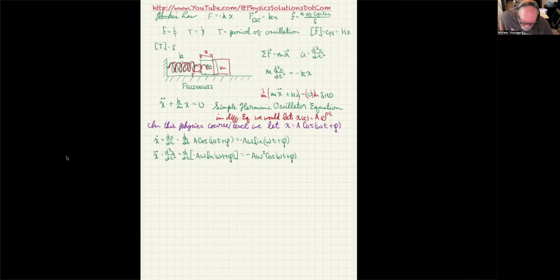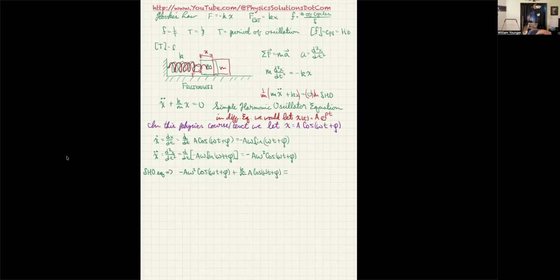So now I have the second order derivative, and I can plug it back into the simple harmonic oscillator equation. So the simple harmonic oscillator equation implies we now have negative A omega squared cosine omega t plus phi, plus k over m, and then we're going to put in the original function for x, which we said was A cosine omega t plus phi, like that.